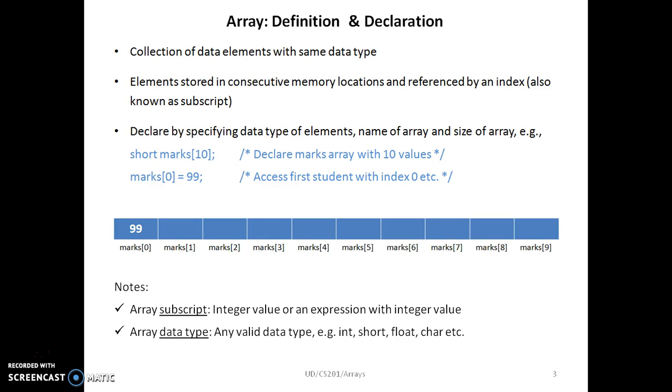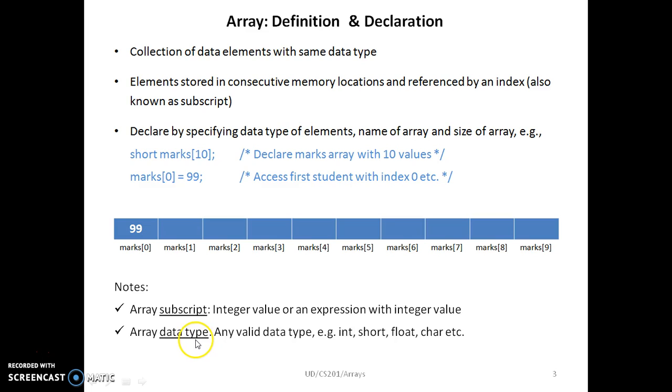So for example, instead of 0, you can put something like 2 plus 3, or say i plus 2, and all sorts of expressions. The only condition is that the expression must be evaluating to some integer value. So that is about array subscript.